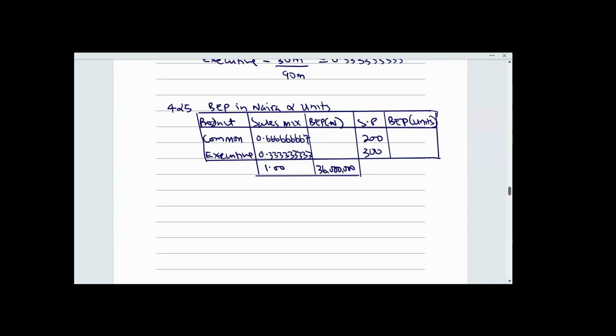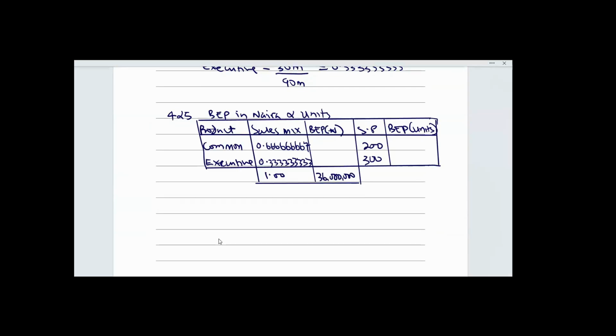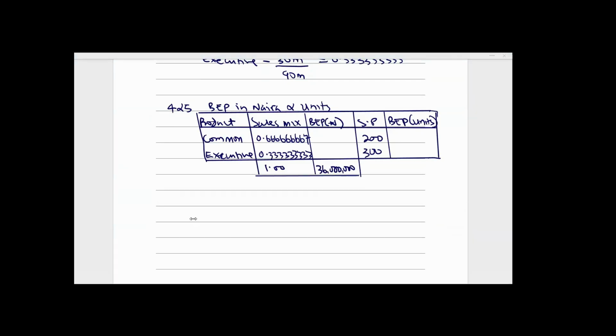Therefore, 36 million Naira multiplied by 0.6667 will give us 24 million. 24 million divided by 200 Naira, that's 120,000 units.